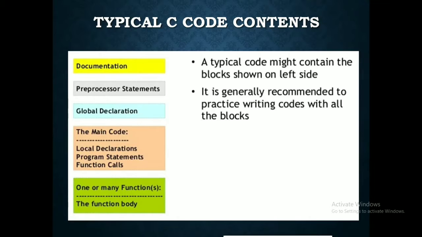The preprocessor directive tells us the header files, that is, the standard input and output functions used in the program. In the global declaration, we declare the global variables which are used in the entire program. In main code we write the local variables, program statements, and we can call the functions also. After the termination of the program, we can write the body of the function which has been called in the main program.